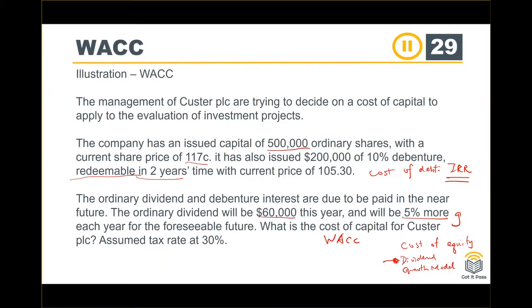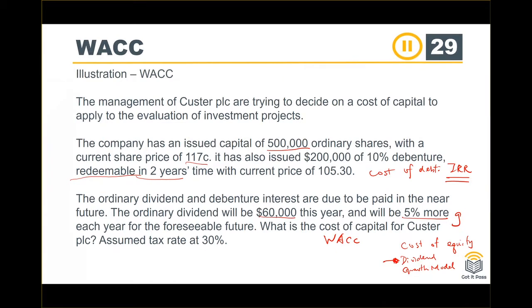And for cost of equity, if the information provided is about the dividend growth rate and the share price, then you adopt the dividend growth model. Then you can come to the cost of equity for this part. And don't forget, the WACC is the weighted average between these two costs, the cost of debt and cost of equity.